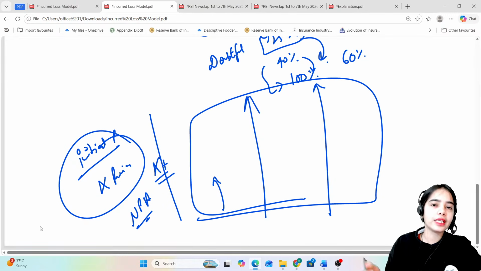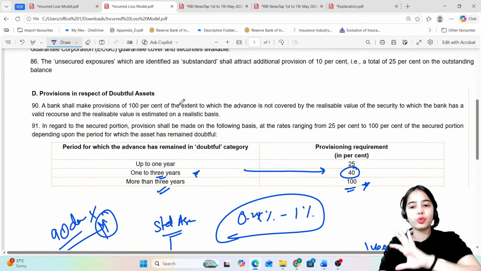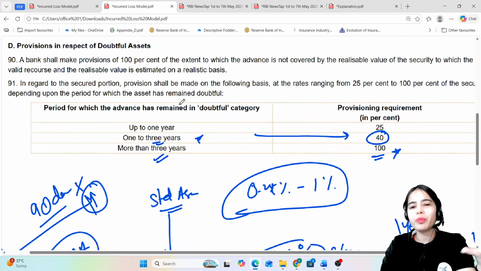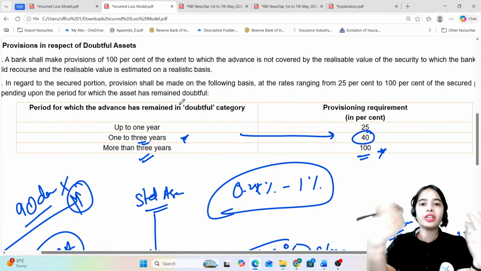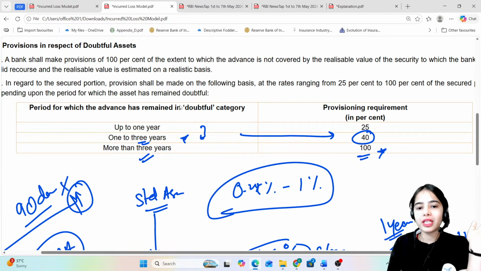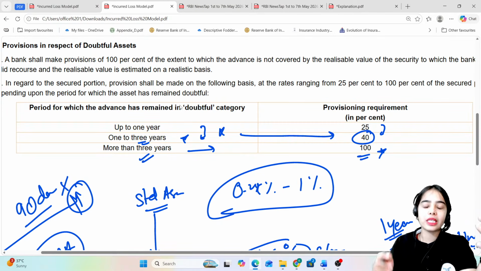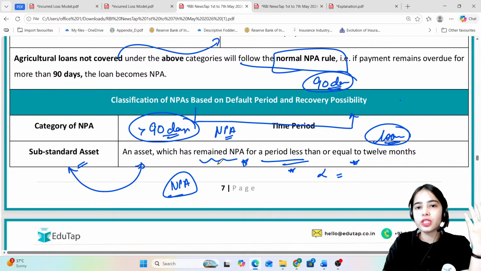So it was leading to much distress and problems in the banks, because banks initially do not want to maintain additional provisions. They would rather use the money to give out loans, to invest somewhere. So in the initial period, they were not maintaining much provisions, and when they had to maintain 100% provision, they had to bring a lot of money at one point of time. So this led to some problems.